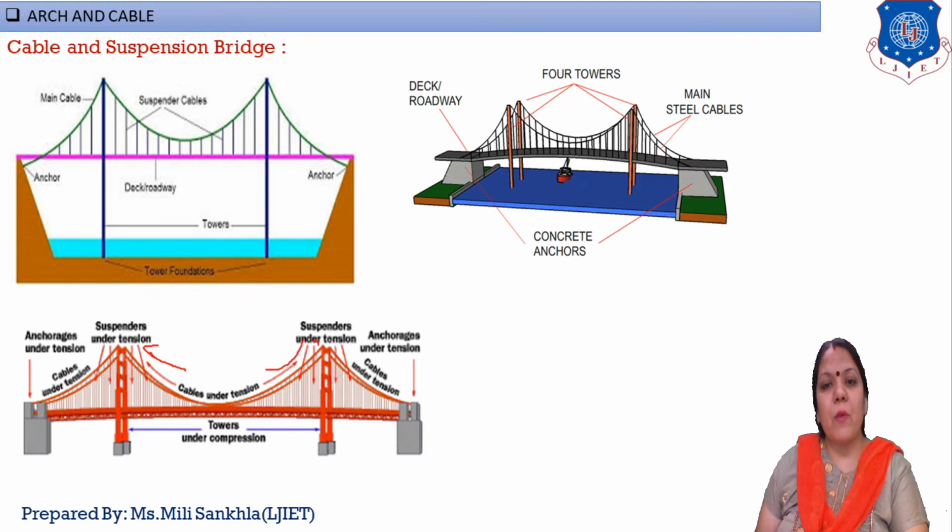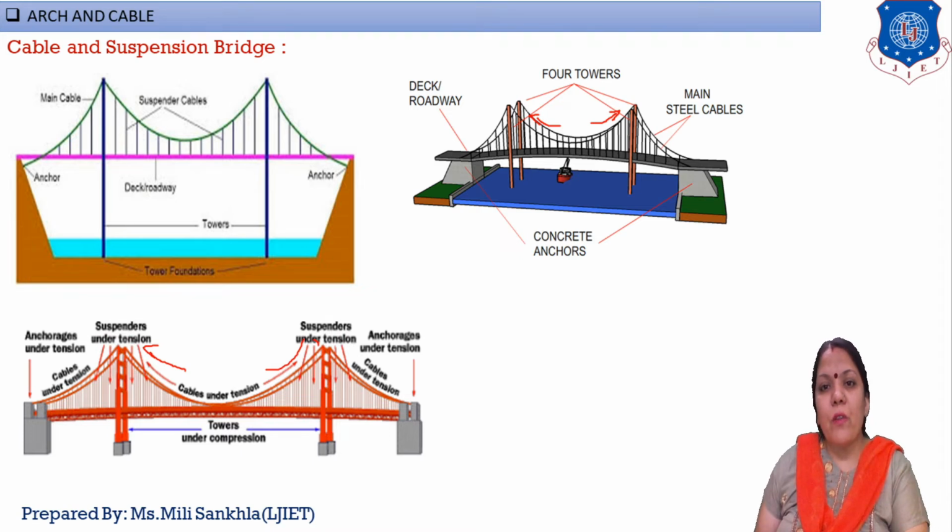Look at this main cable: load after load passing induces tensile force in the suspension cable, and this tensile force is transferred to the huge concrete mass through the anchor cable. This force acts in the downward direction, and the two vertical piers support in the upward direction. That means two forces are induced here.